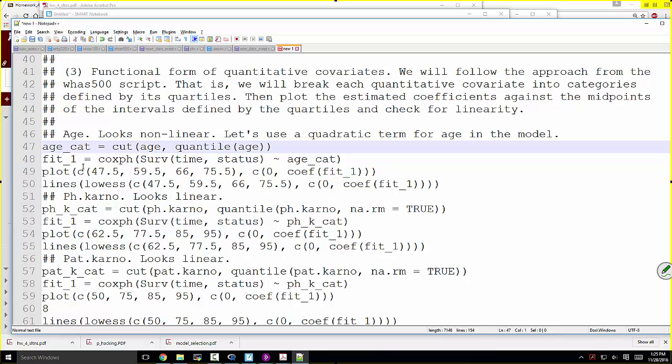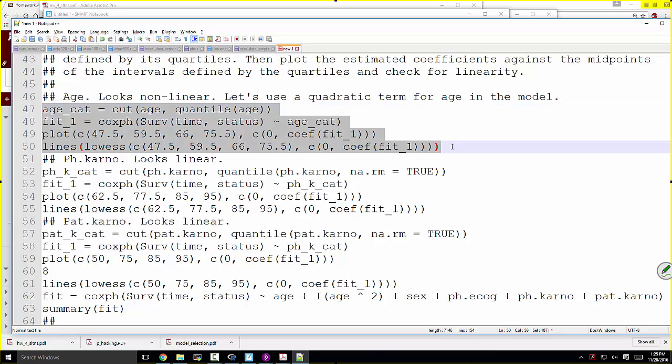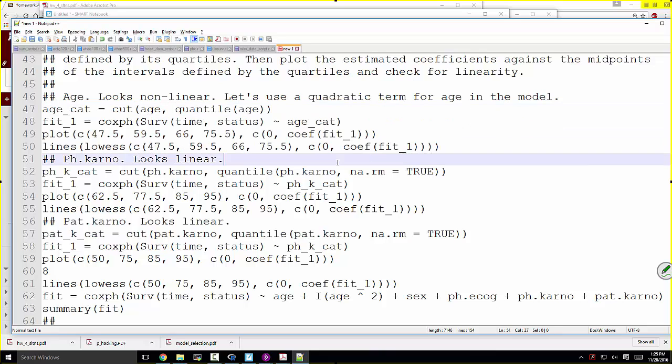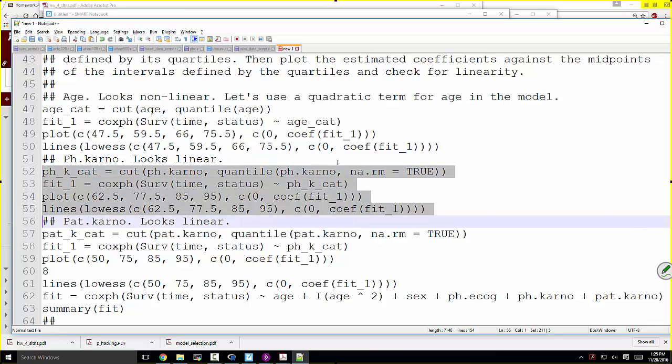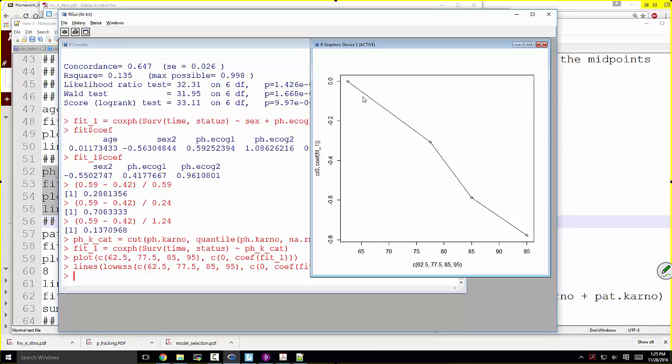So I have these pictures that roughly look at the functional form. ph.carno, when I binned that variable and looked at estimates by bin, looking at these estimates, they look roughly linear. That looks pretty linear to me.